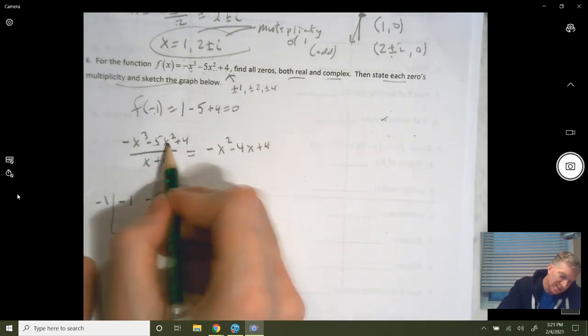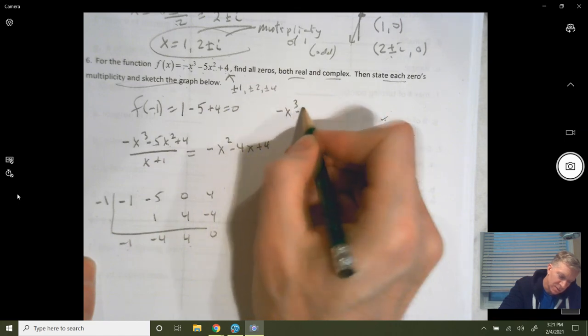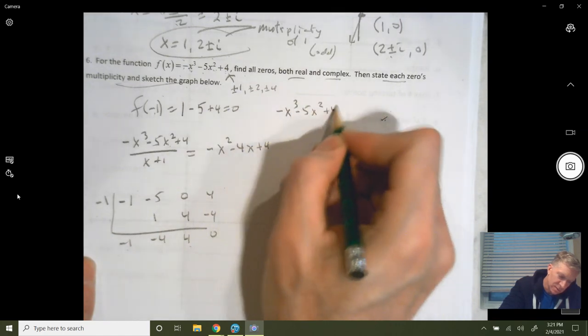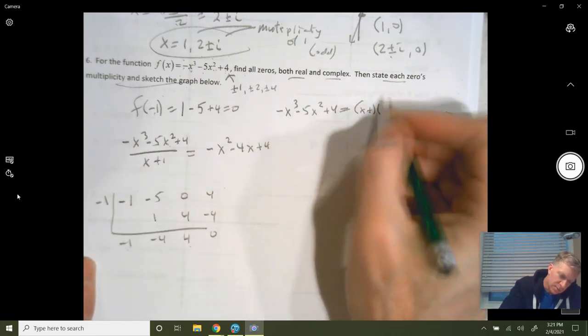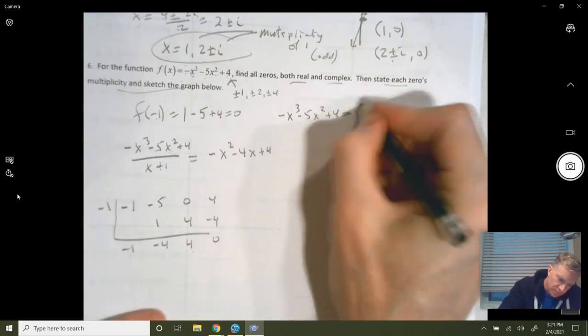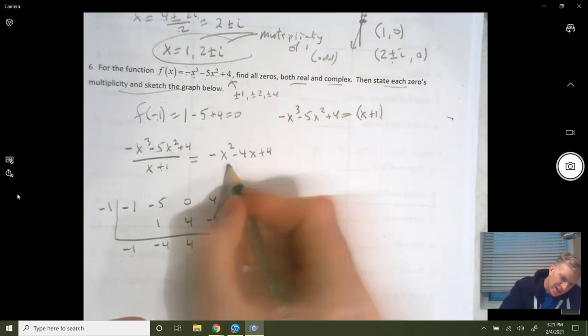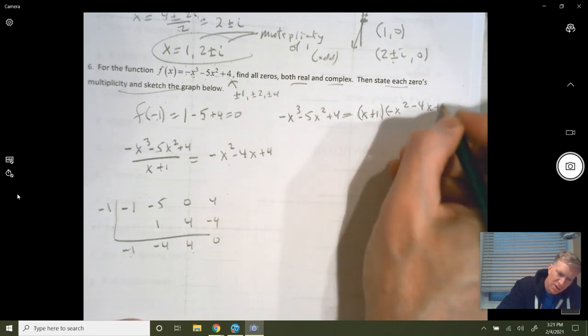Okay, so this thing is going to factor into x plus 1 times -x squared minus 4x plus 4.